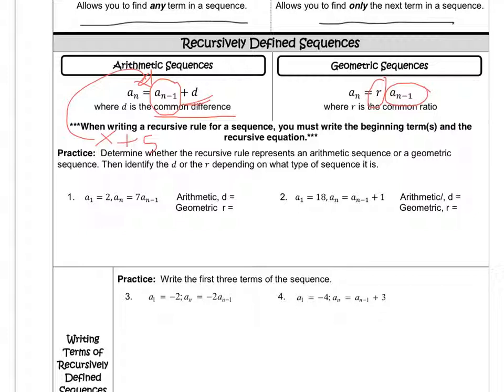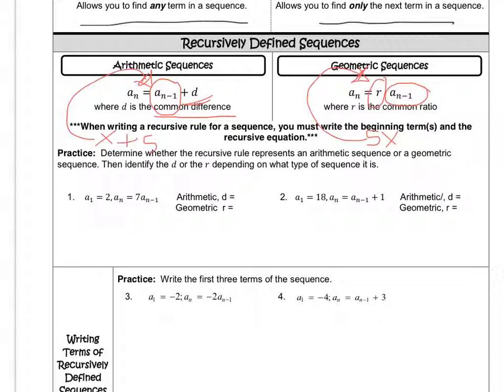If we have an x and we want to multiply it times 5, normally we put the 5 in front, 5x. That's just the way we write it in algebra. So if you look at the recursive rule, that's why they're putting the ratio and then the number before it. So it makes sense the way they've written it.